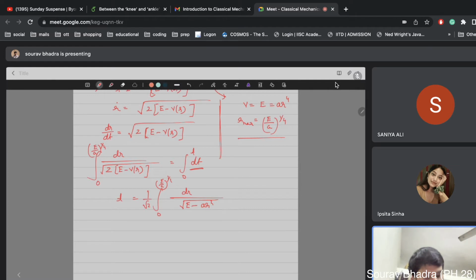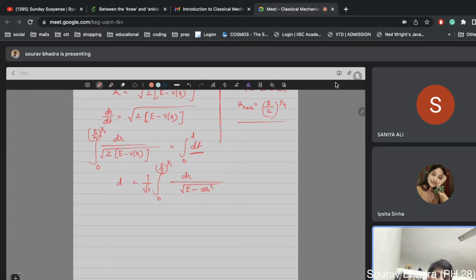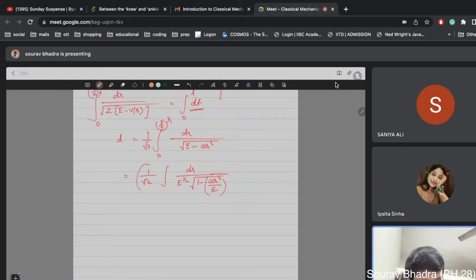So this is how you can calculate the time period of that particular system. Now we will take 1 by root 2 and dr, and we will take E common, so 1 minus A r to the power 4 by E. Now forget about this term, I am writing a proportional sign, no problem in that.